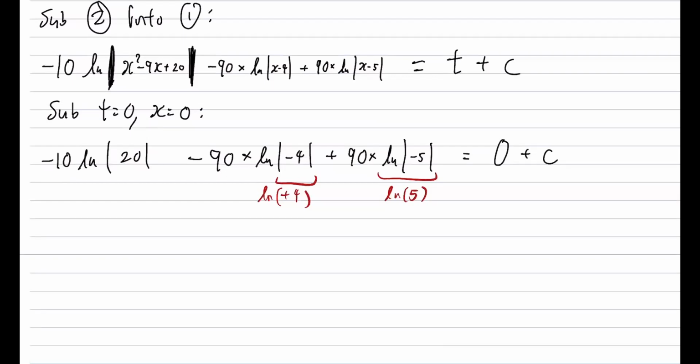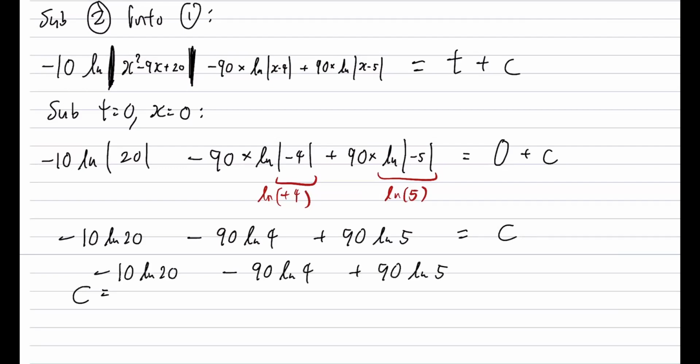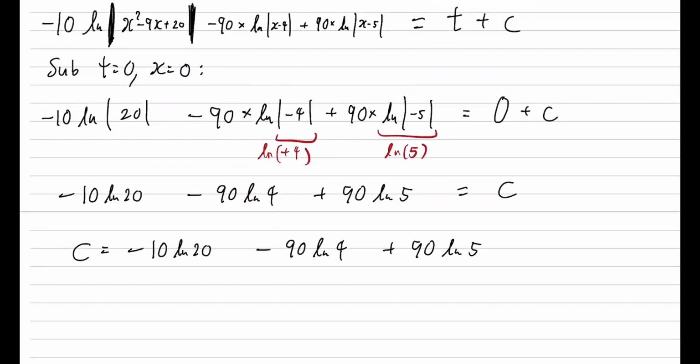Let me simplify a bit more. Negative 10 ln 20 minus 90 ln 4 plus 90 ln 5 equals c. So c is equal to this quantity here. I can clean up a little bit using logarithm rules.